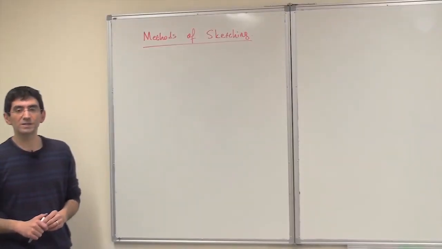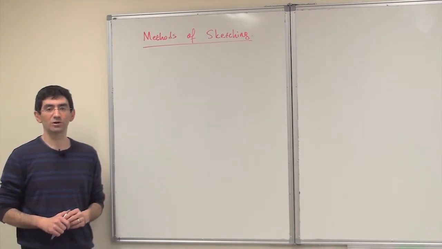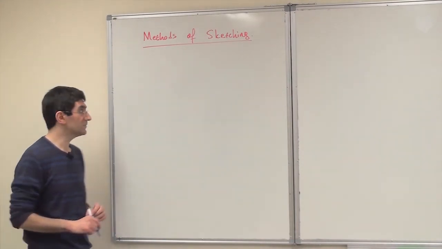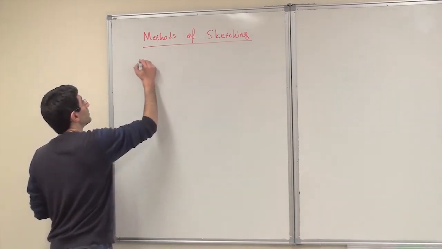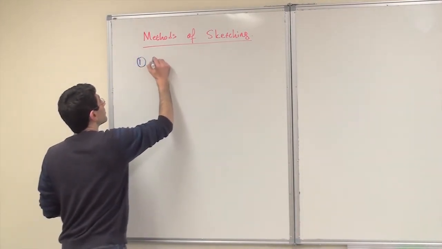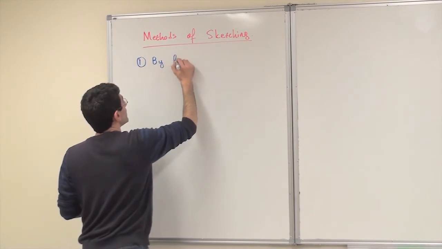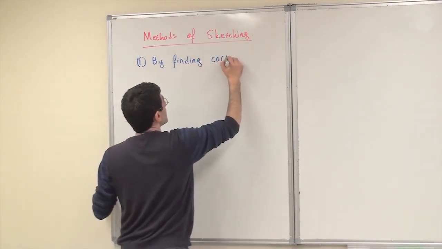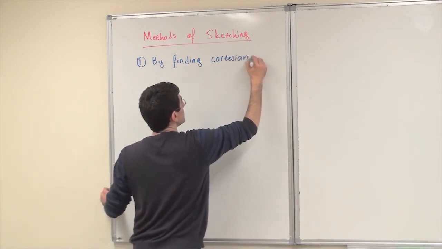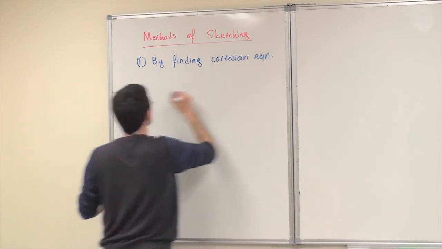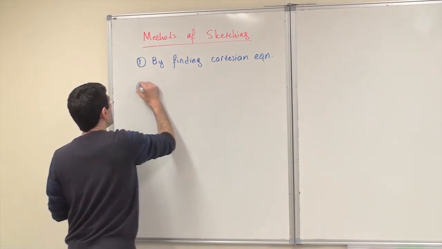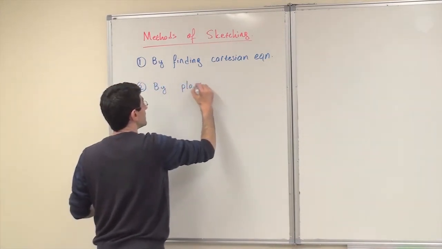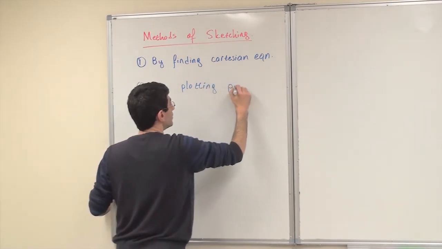Now we are going to discuss how to sketch polar curves. We are going to talk about three methods of sketching. They are the following. First, we will sketch polar curves by finding their Cartesian equations. Second method will be by plotting points.